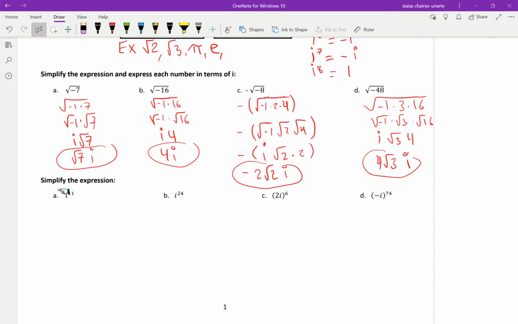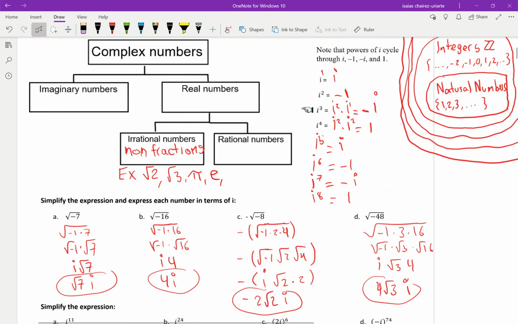Okay, well, I know that i to the 12th, because remember, up here we said that if the exponent is a multiple of 4, so for instance, if I have i to the 4th, i to the 8th, i to the 12th, to the 16th, to the 20th, you're always going to end up with 1. And the exponent previous to the multiple of 4 is always going to be negative i. So that's kind of what's going on here.